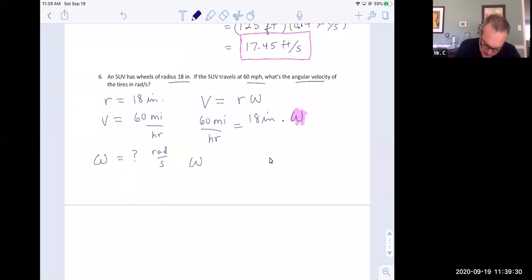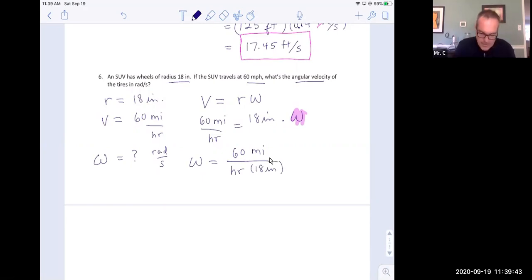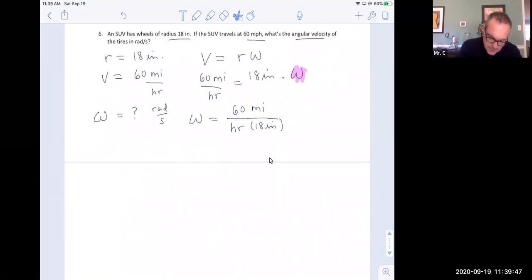So omega would be 60 miles per hour, and of course, I have to divide by 18. So 18 inches would also go in the denominator. And what do I have here? Well, I want radians per second. So unfortunately, I have to do a lot of canceling, or dimensional analysis.